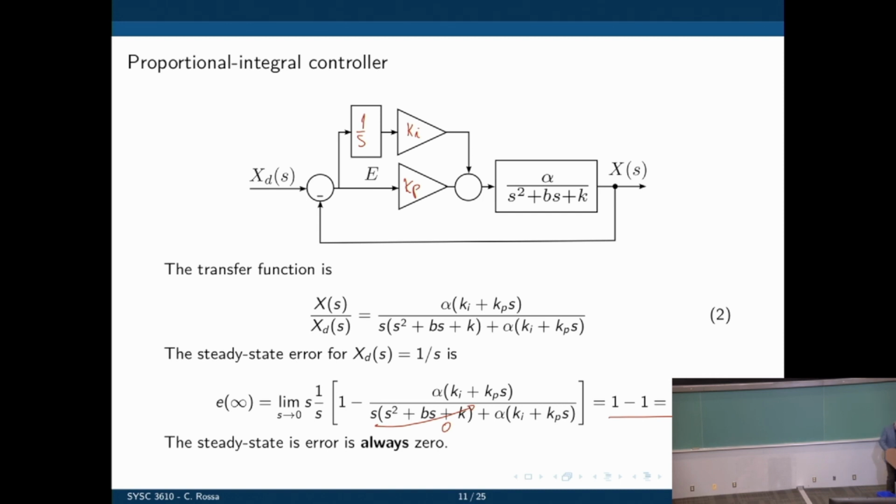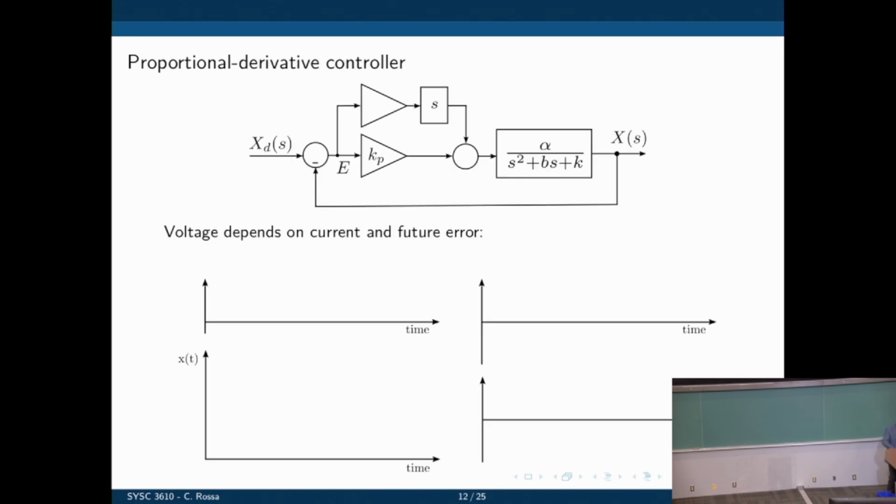Okay, so if you're okay with the proportional and the integral, let's move on to the last one, which is the derivative controller. Let's call this KD. Now, what we are doing here is we have the proportional, and now we are adding a derivative component. The derivative component is looking at the rate of change of the error over time.